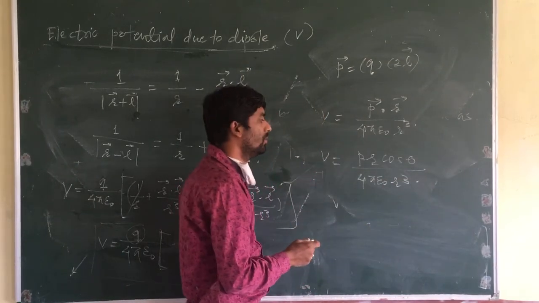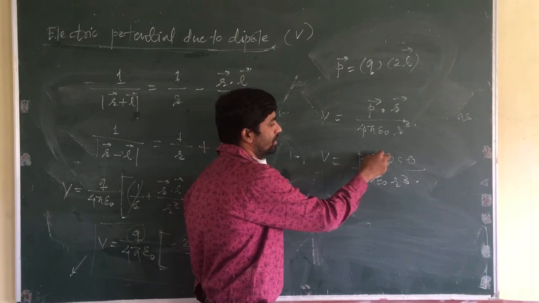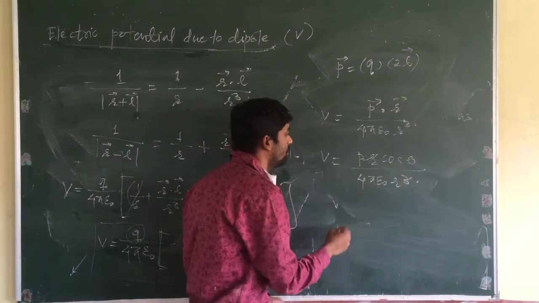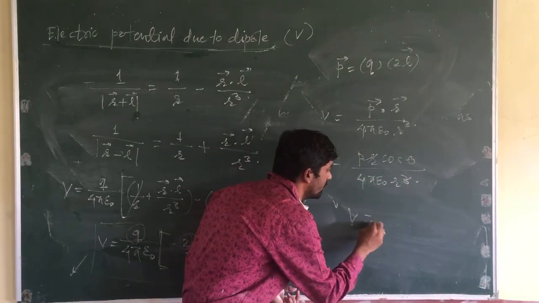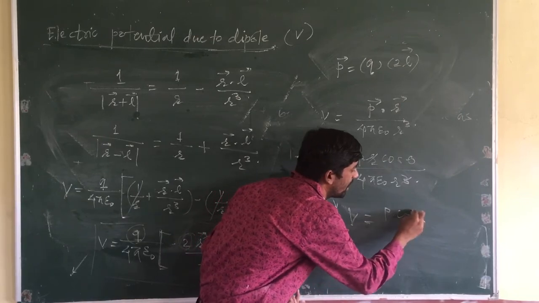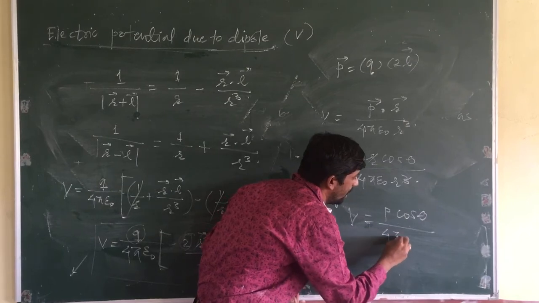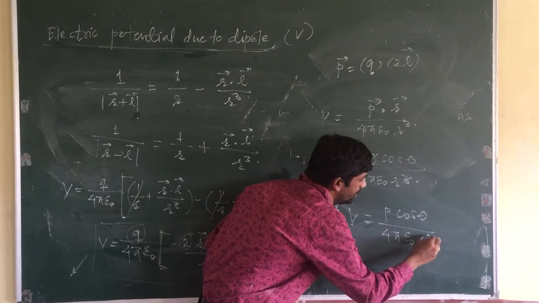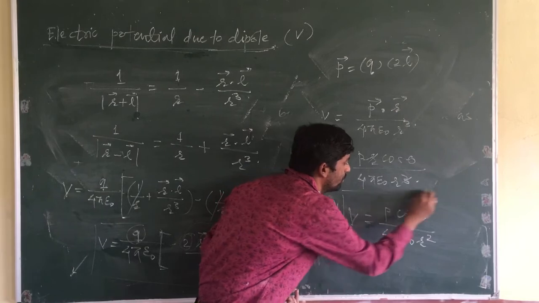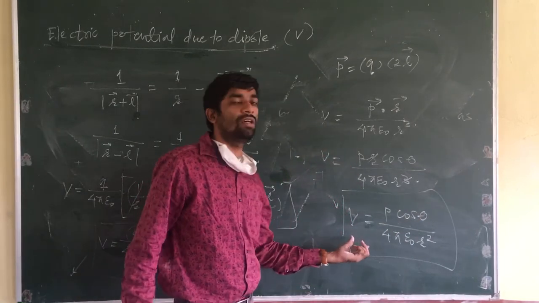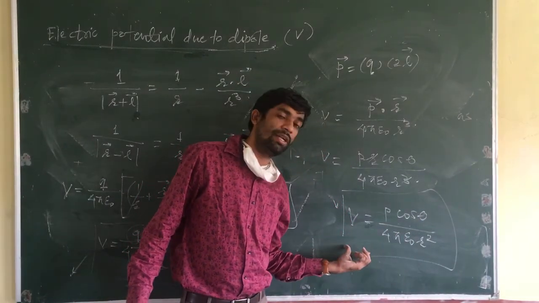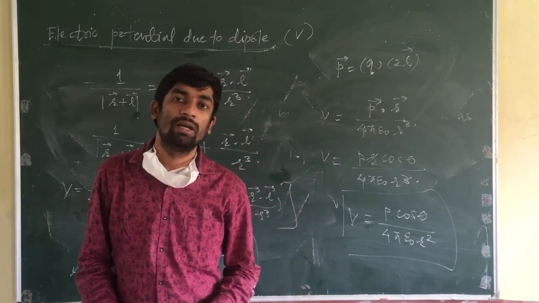Okay, so if you cancel this R and R cube, you will get potential V is equal to P cos theta divided by 4 pi epsilon naught into R square. So this is the expression for your electric potential due to the dipole.